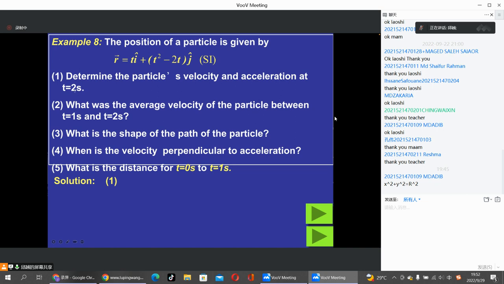When t equals 2, we have this position vector, and by doing the derivative of position vector, we have the particle's velocity dr dt. And then we also have the acceleration dv dt. And by putting t equals 2 into the two equations, we can get the magnitude of the two terms.